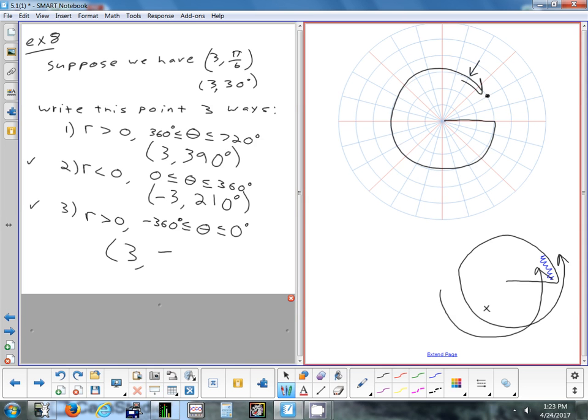Think about how much this section is. So 330. Yep, because that section in blue is 30. So you're basically going all the way around, except you're stopping 30 degrees short. So it's negative 330.